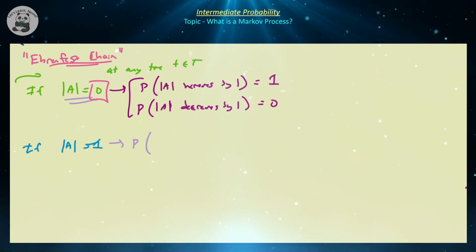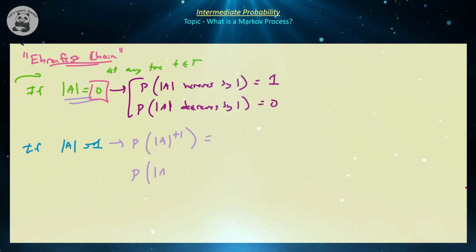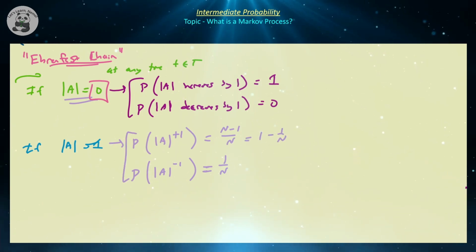There's only one element in that set, so the probability that the cardinality of A decreases by 1 is going to be 1 divided by capital N, and everybody else is in the other set, so the probability that it increases by 1 is going to be capital N minus 1 over N, or 1 minus 1 over N. So the probabilities are, trivially, 1 over N, and 1 minus 1 over N.